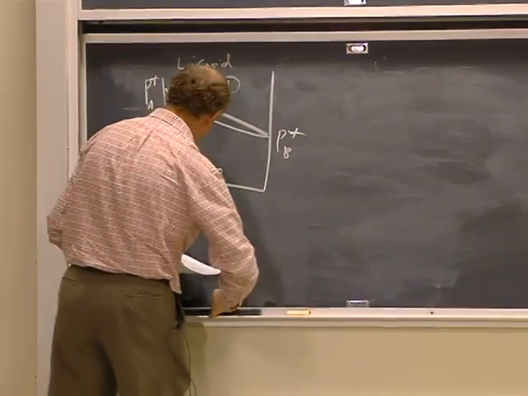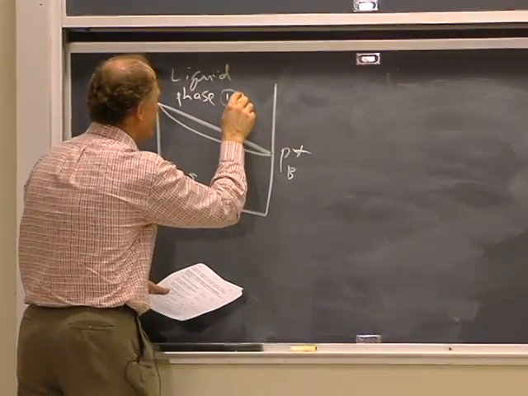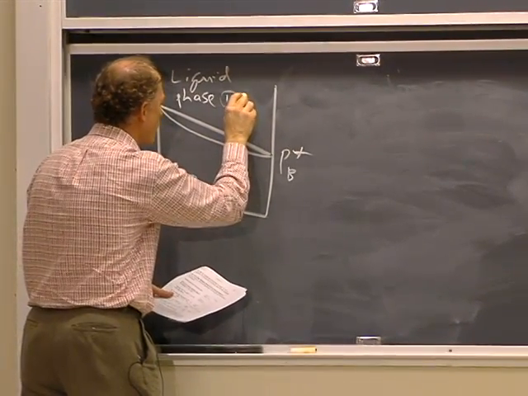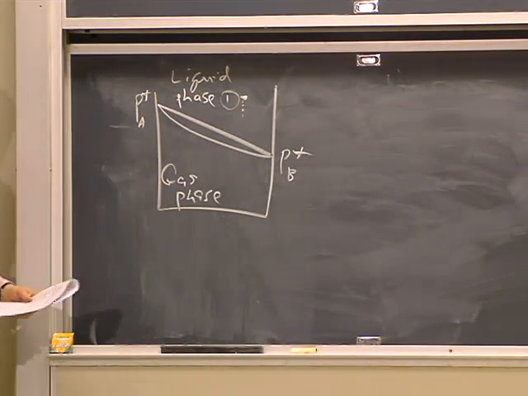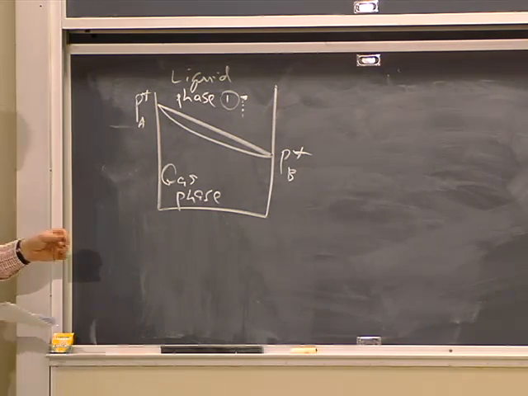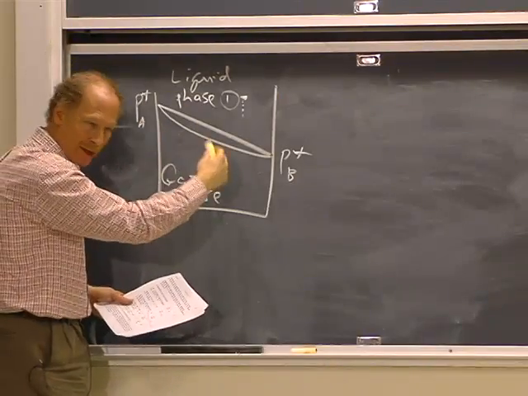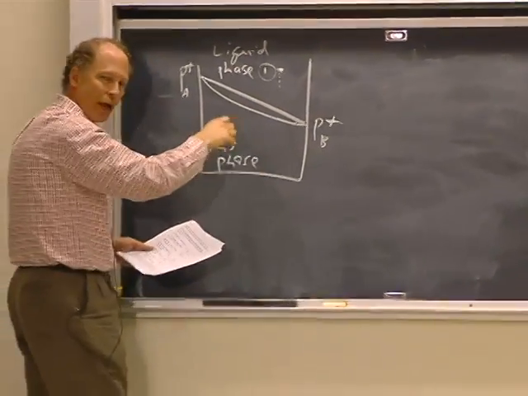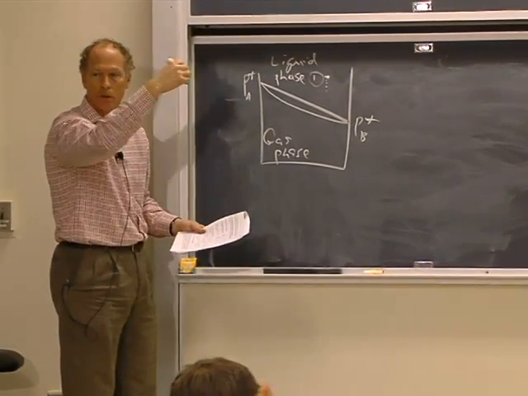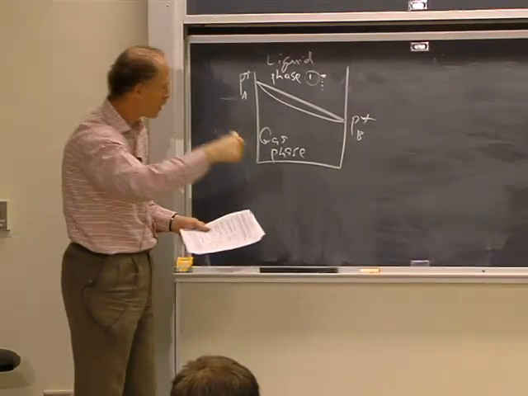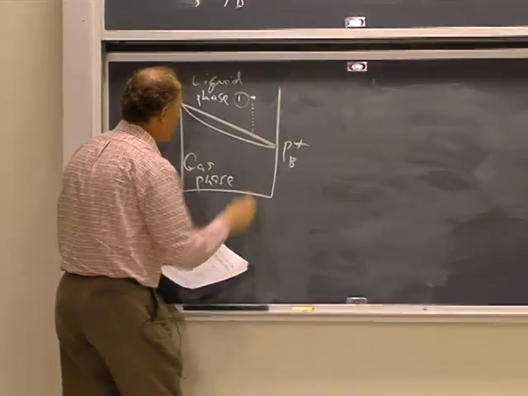So if we start at 1, there's some total pressure, and now we're going to reduce it. What happens? We start with an all liquid mixture, no gas, and now we're going to bring down the pressure, allowing some of the liquid to go up into the gas phase. So we can do that.